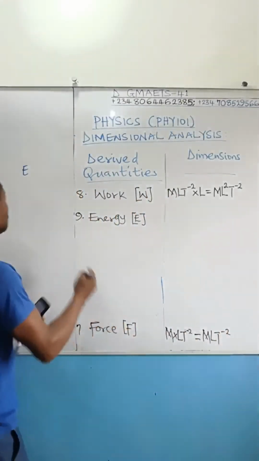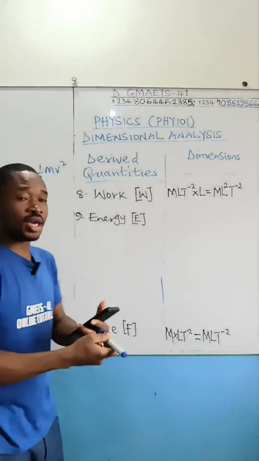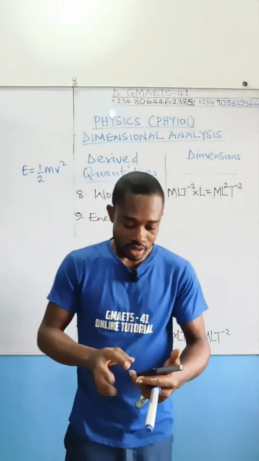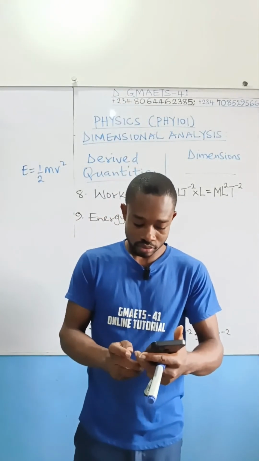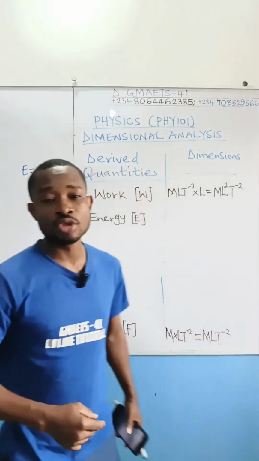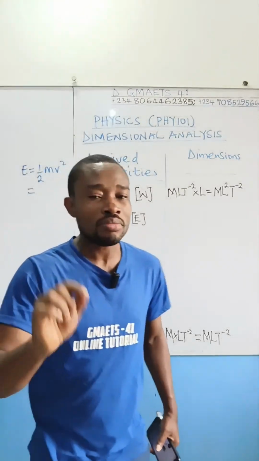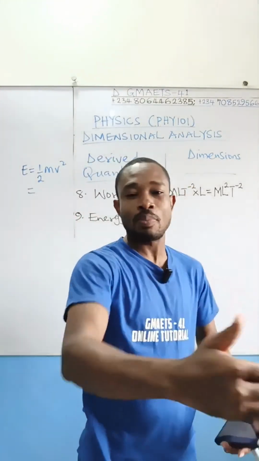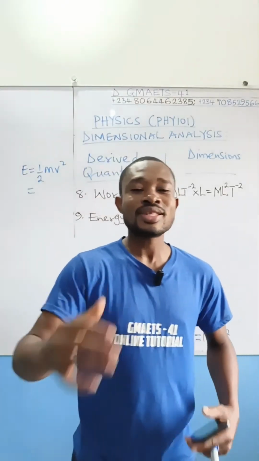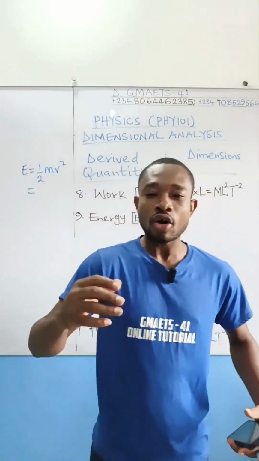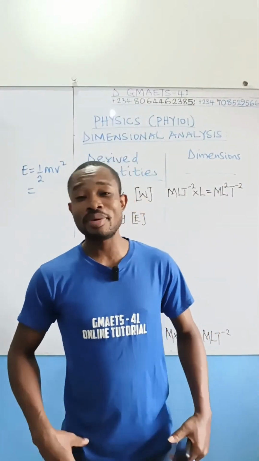I want to use 1/2 mv squared to still get the same dimension of energy. So follow as I do that. Now, in dimensional analysis, we do not make use of a constant multiplier, constant divisor, constant addend or constant subtrahend. We don't use these. What do I mean by that?